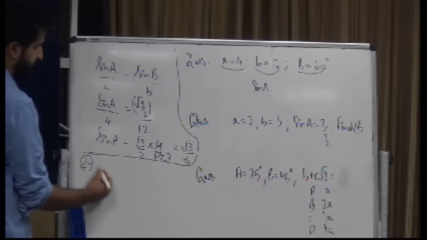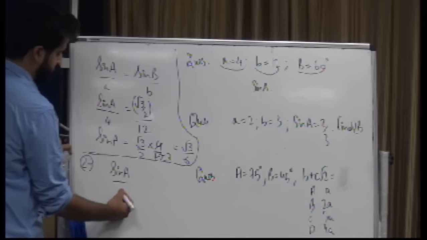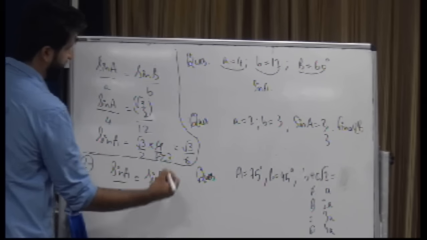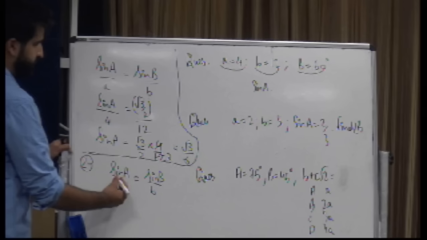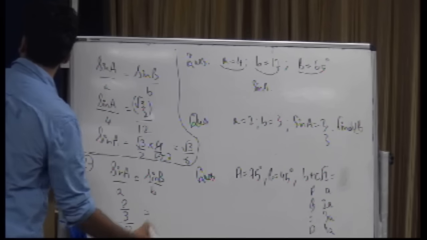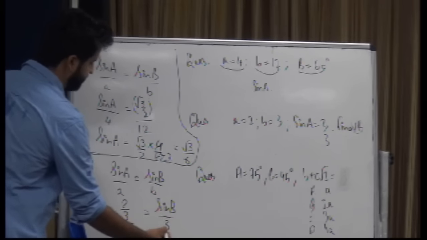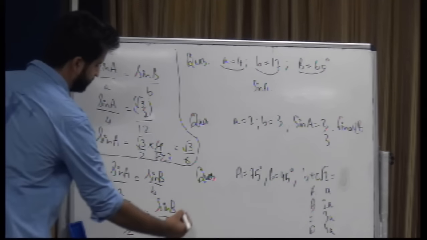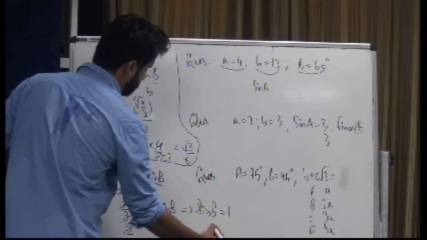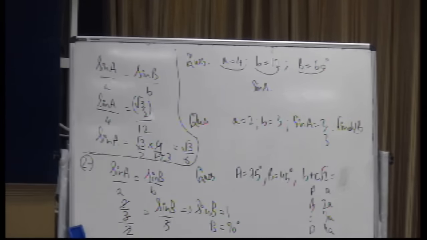Second one, sine A upon small a is equal to sine B upon small b. So 2 by 3 upon 2 is equal to sine B upon 3. Everything cancels out. So you get sine of B is equal to 1. So B is equal to pi by 2, 90 degrees.